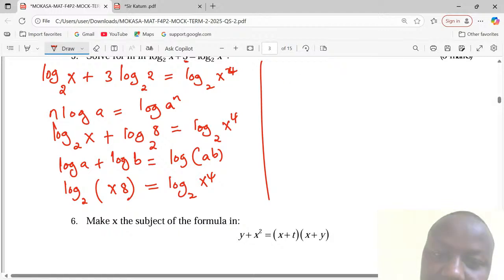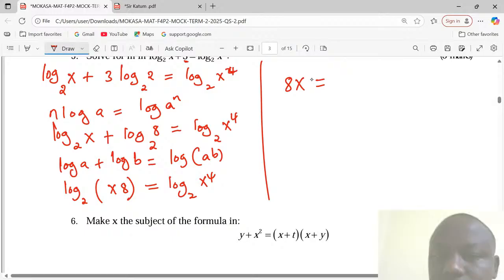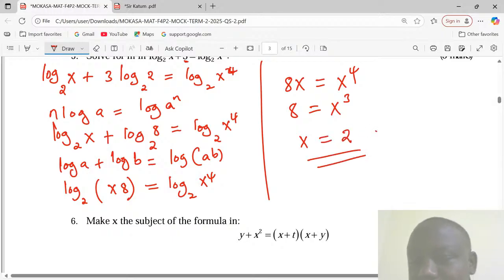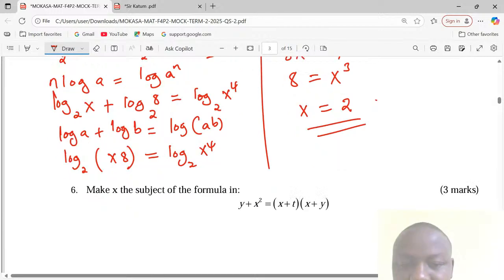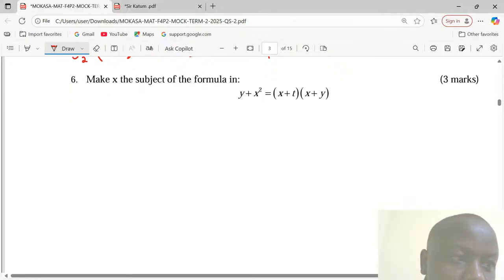So we can say 8x is equivalent to x power 4. We can have division by x through, so that on this side x becomes power 3. Then if x power 3 equals to 8, then it means x itself is the cube root of 8. So we can still find x just like that.